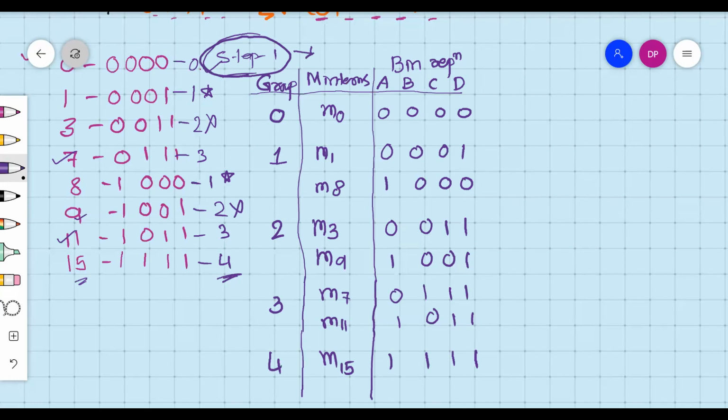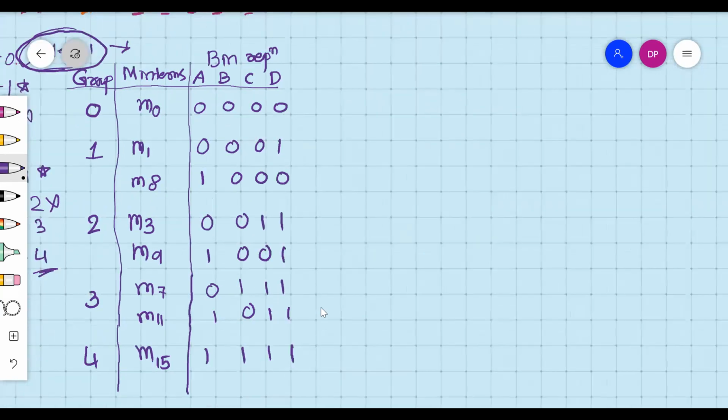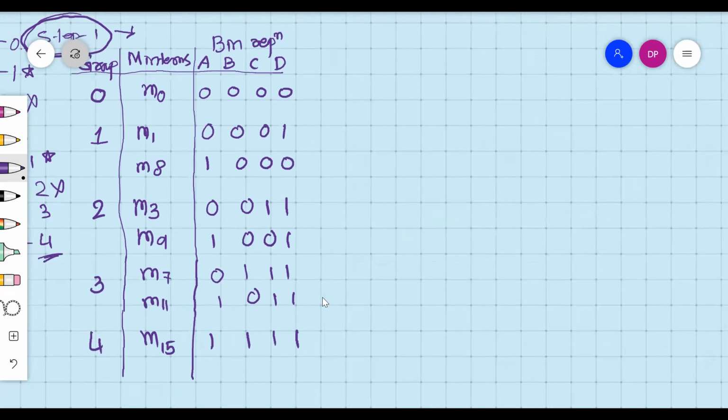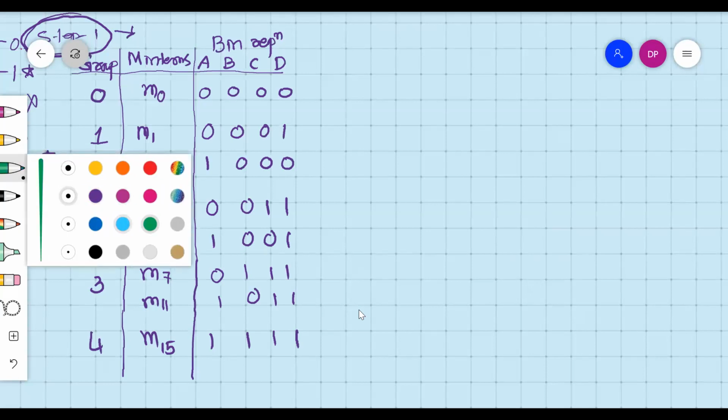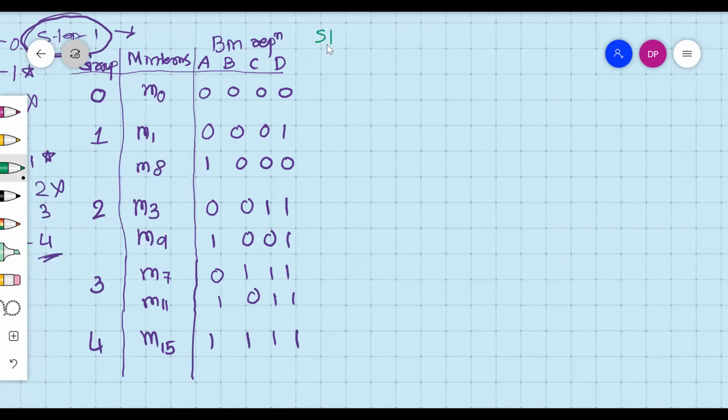This first table is based on the number of ones in the binary representation of the min terms. Now let's make the second table. So step 2, I'll make another table.